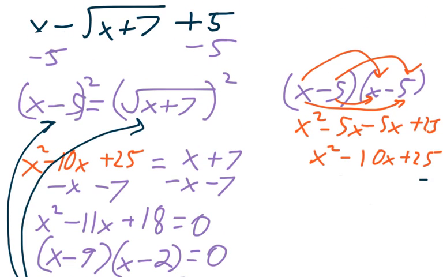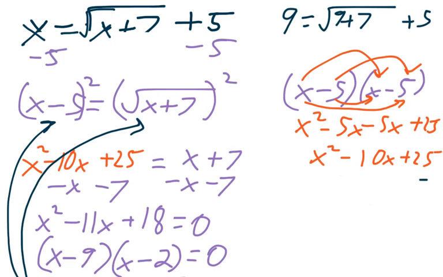We're checking it back into here. So in the original problem, it's 9 equals the square root of 9 plus 7 plus 5. Well, that gives me 9 equals 4 plus 5, so there's a check on 9.